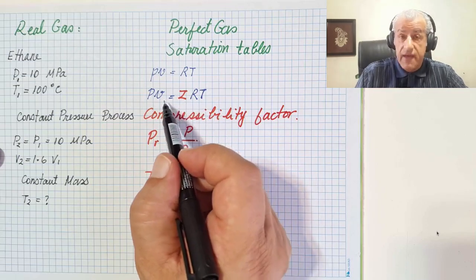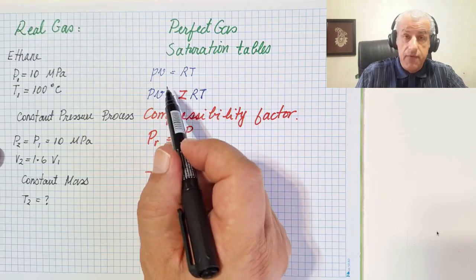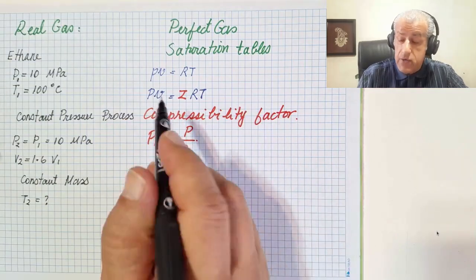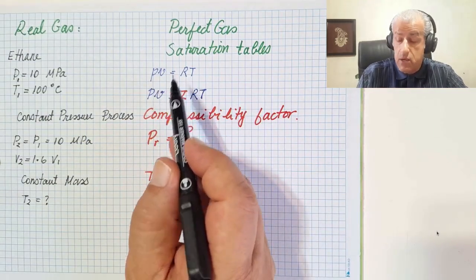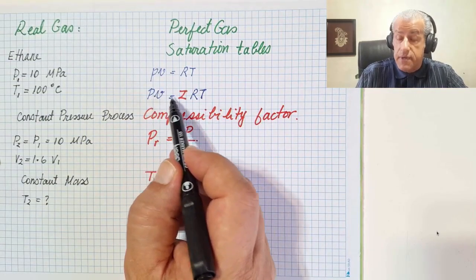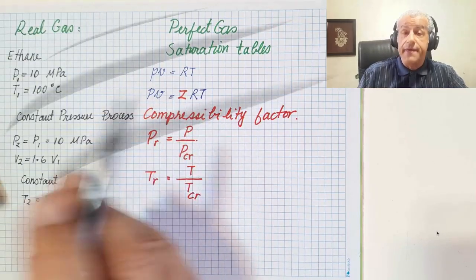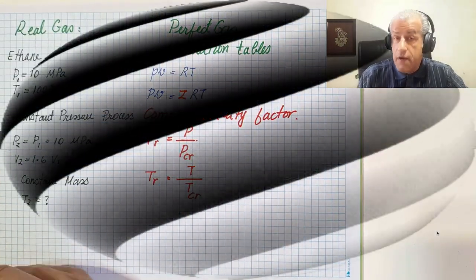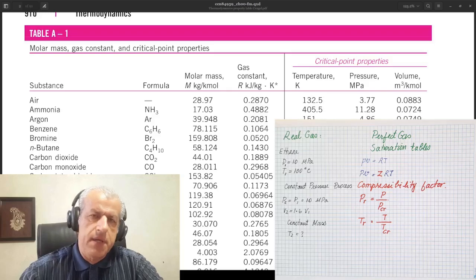Once we have done both cases, we would learn how accurate the perfect gas assumption is, and how the real values of different parameters differ from it.